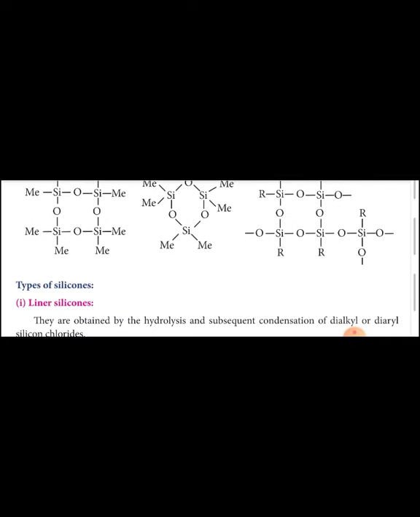Linear silicones can be converted to cyclic or ring silicones when water molecules are removed from the terminal OH groups. In the third picture, one R and one Si are there, and instead of 3 chlorines, 3 OH groups are there. But when one unit combines with another unit, a water molecule is eliminated. In silicones, don't forget there must be an oxygen linkage between Si and Si. One Si is combined with another Si through an oxygen atom only. Then only it is called a silicone.